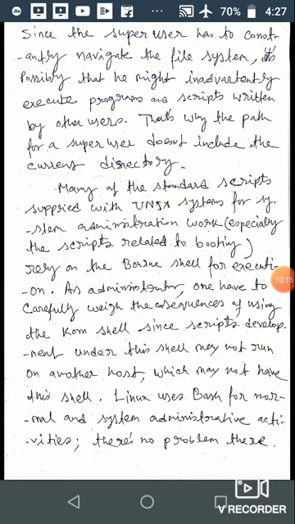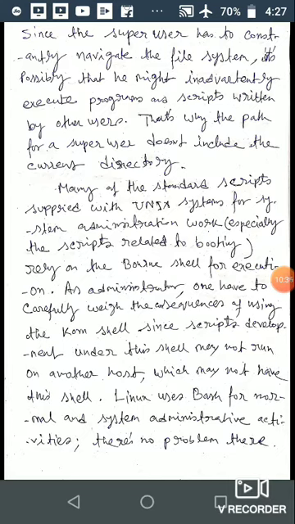Many of the standard scripts supplied with the Unix system for system administration work, especially the scripts related to booting, rely on the Bourne shell for execution.